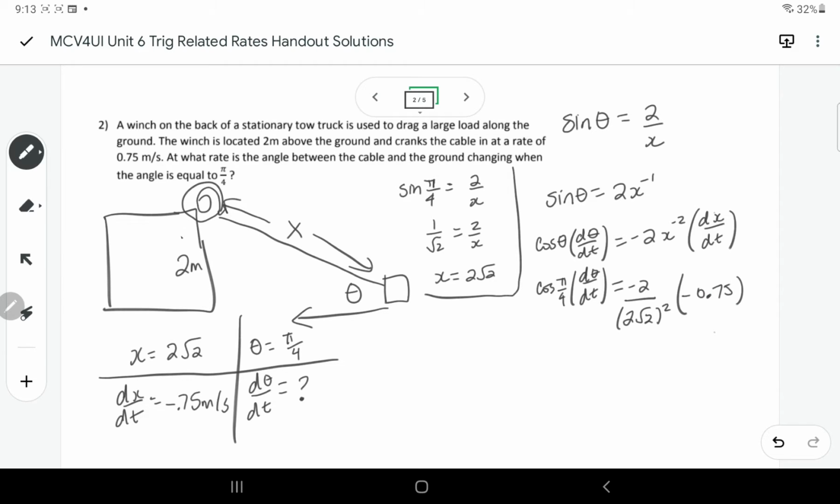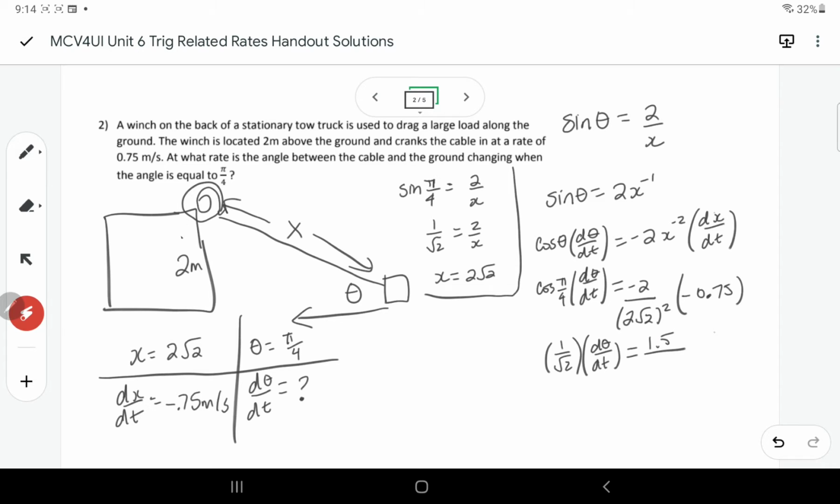So putting all of this together, cos of pi over 4 is 1 over root 2 d theta dt. So on the top here, negative 2 times negative 0.75 is going to be positive 1.5.